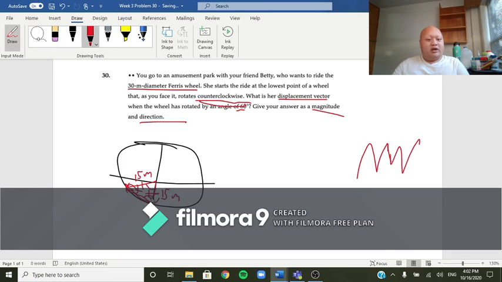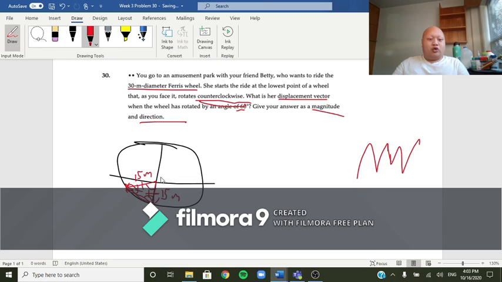So we need to know how much is in these two angles. 180 minus 60 is 120, and 120 divided by 2, since there are two angles here that need to be measured, is 60.